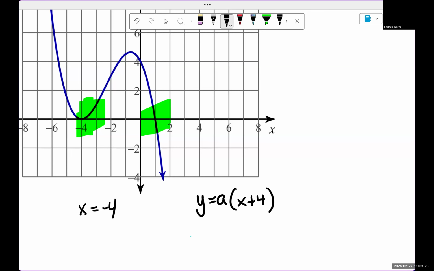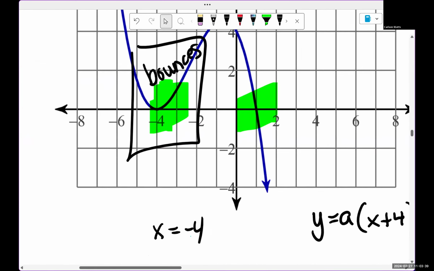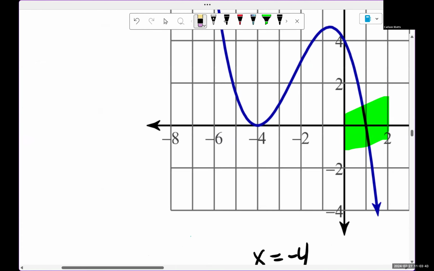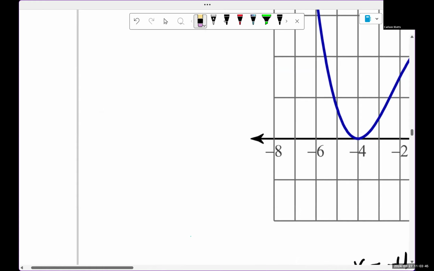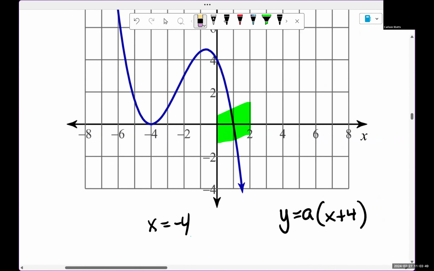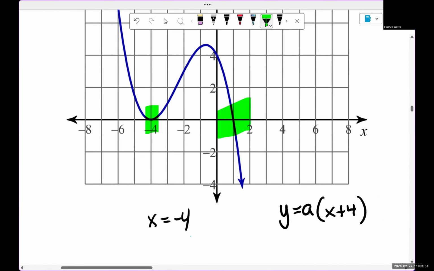And we notice that at x equals -4, the graph bounces. So just look, if I were to zoom in, and I can't zoom in anymore, just zoom into this one little spot. Can you see that it looks like a parabola? Okay, I have a bounce right there.